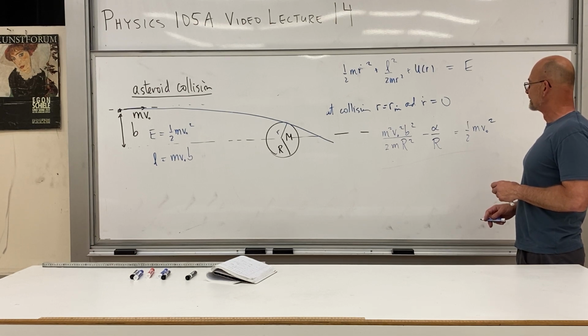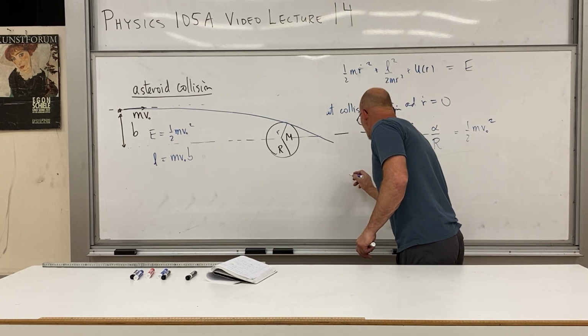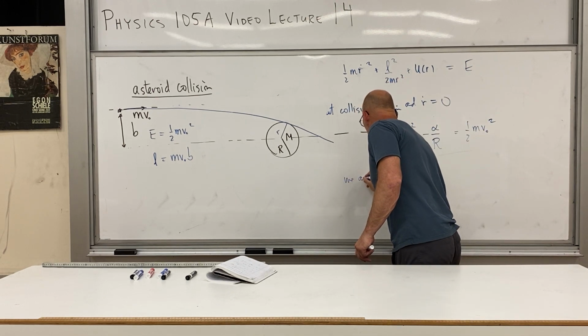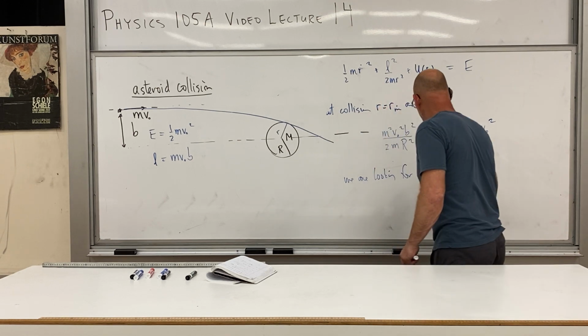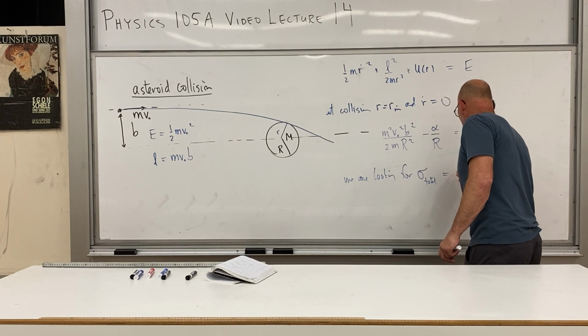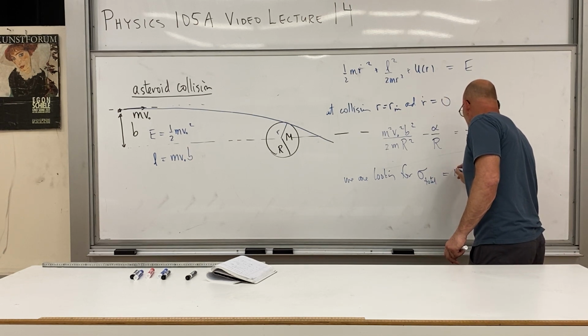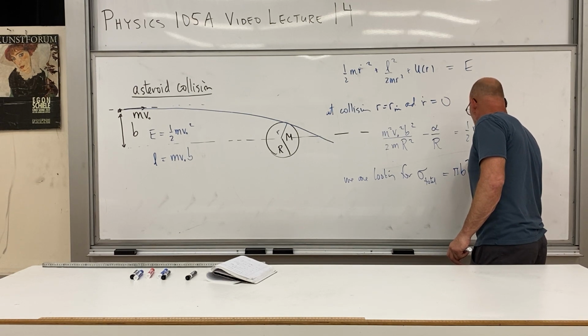So the cross section we're looking for, I'll call it sigma total, equals pi b squared.